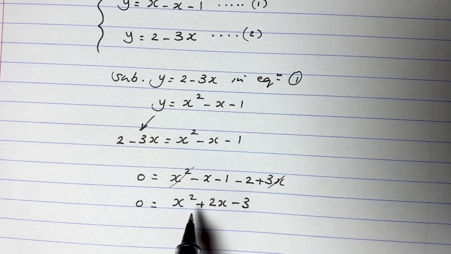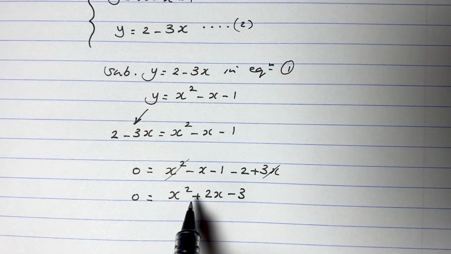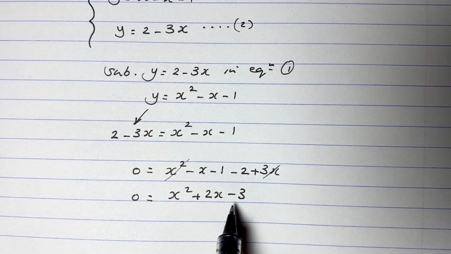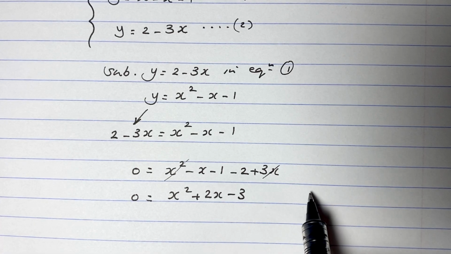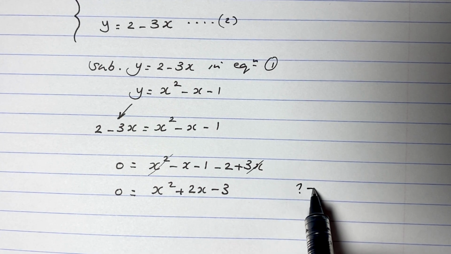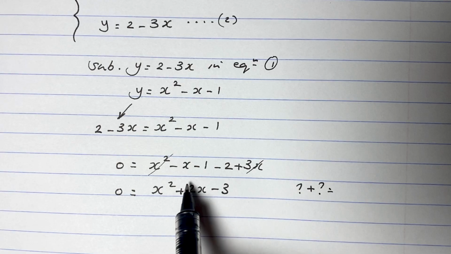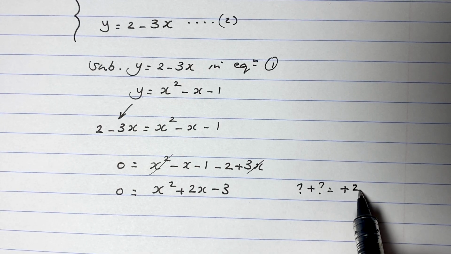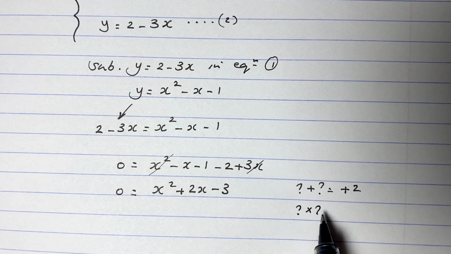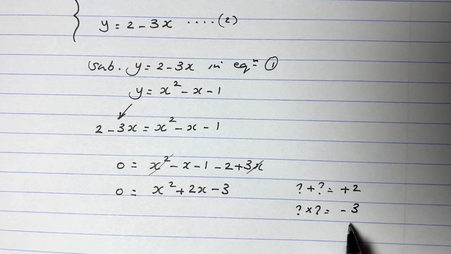Now, by looking here, I can see that this equation does not factorize. Or maybe it does. I think it does. Brackets with question mark plus question mark. I'm looking for two numbers that add to give me plus 2, and multiply to give me minus 3. Two numbers that multiply to give 3 must be 1 and 3.